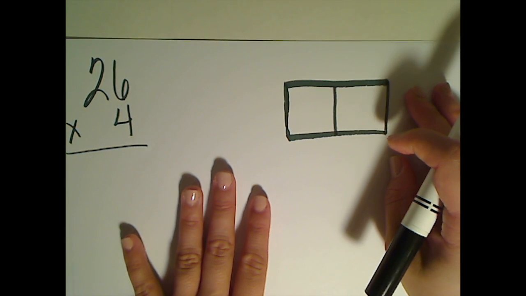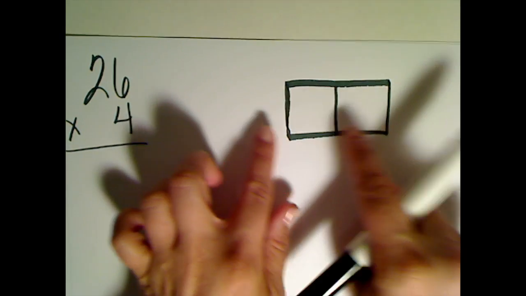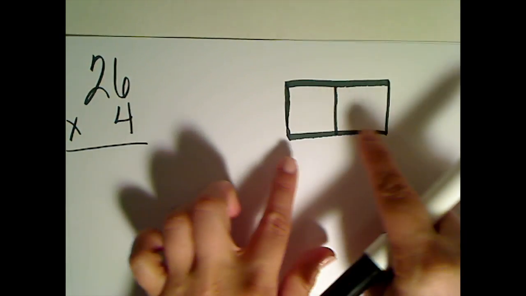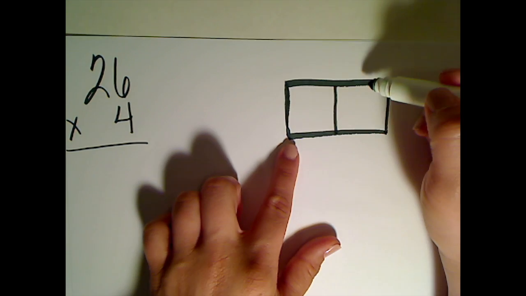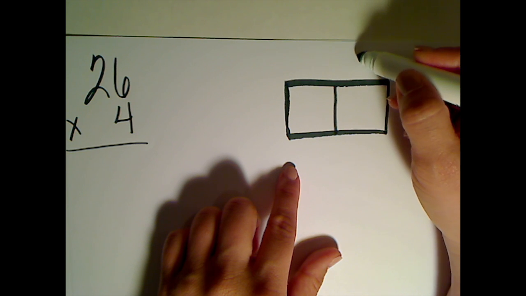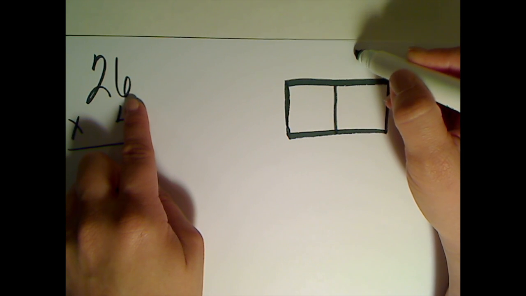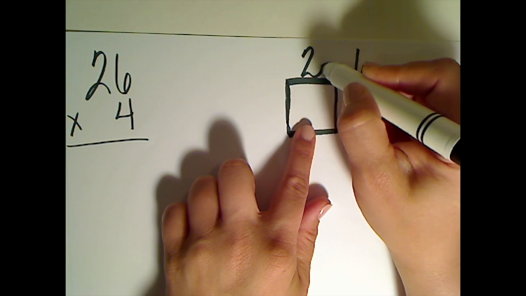In this case each box is a place value, so this box is the ones place. This box is the ones place, so that would be 6. And this box is the tens place, so that would be 2.